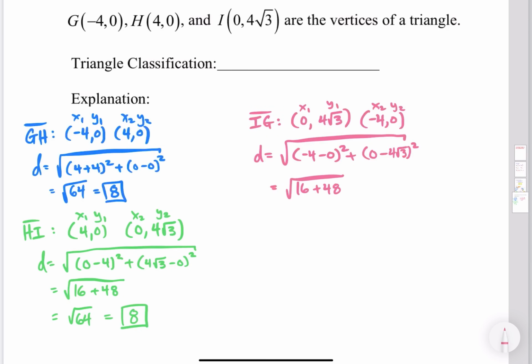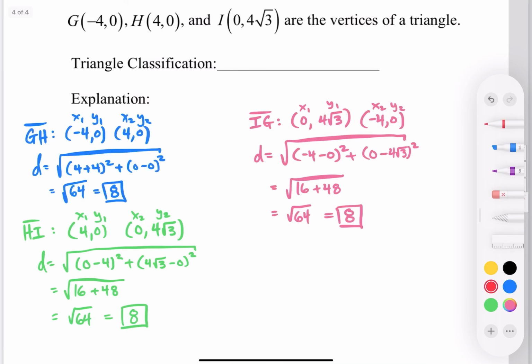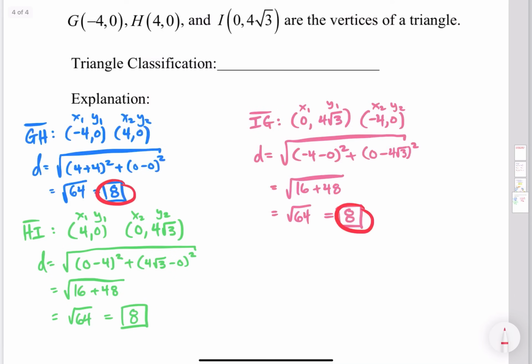So now we've got 16 plus 48, which is once again 64. And the square root of 64 is also 8. Now, since all three of these sides have a length of 8 units, we know it has to be an equilateral triangle.